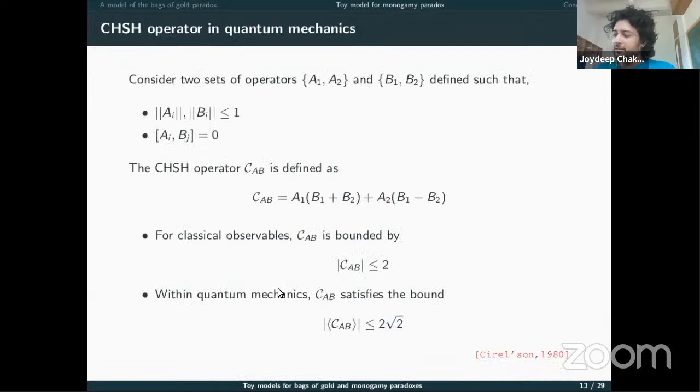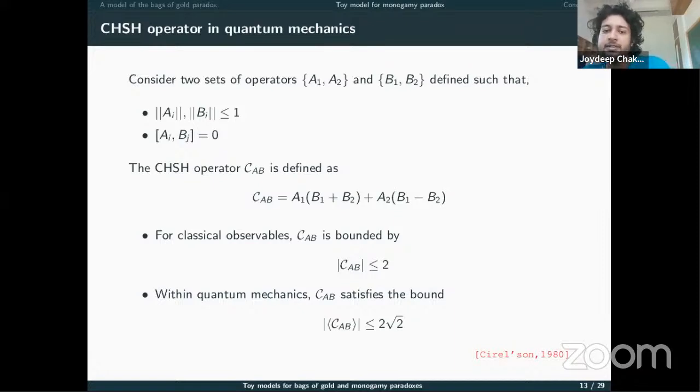So let us understand the statement of monogamy of entanglement first. We start with the construction of a CHSH operator in quantum mechanics, which is essentially a convenient way of understanding Bell inequalities. To do this, let us consider two sets of operators, A's and B's, which are defined such that their operator norm is less than 1 and they commute.